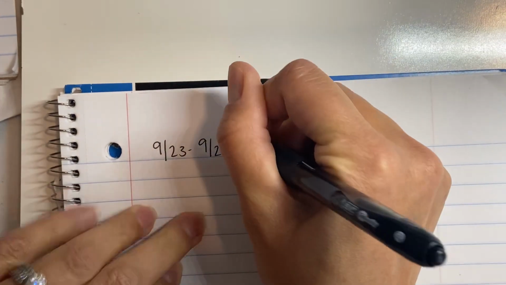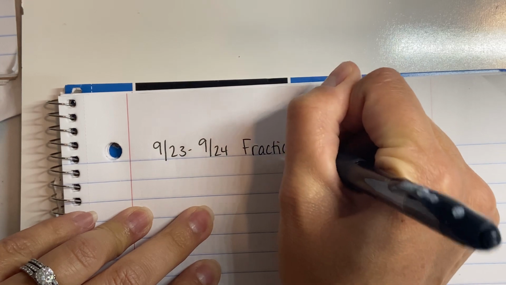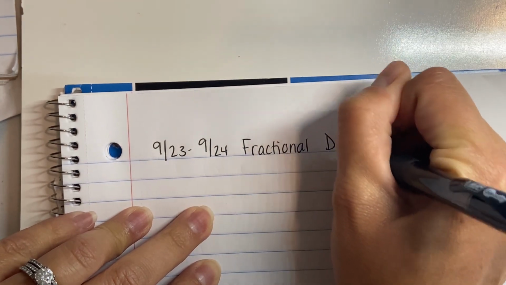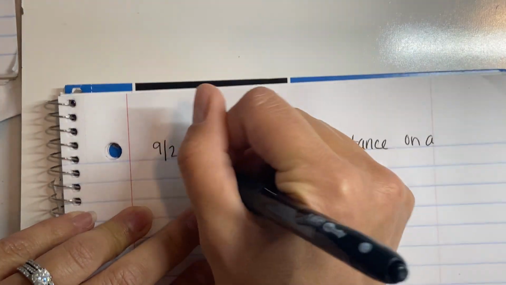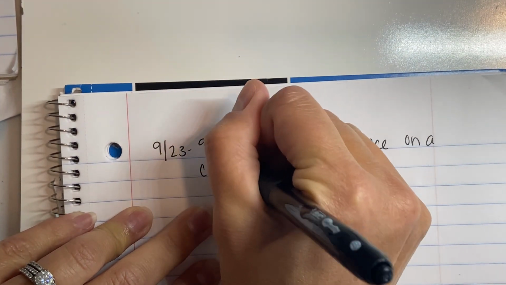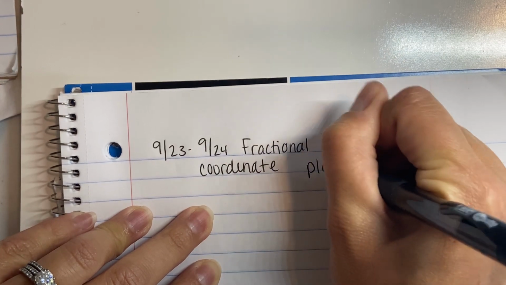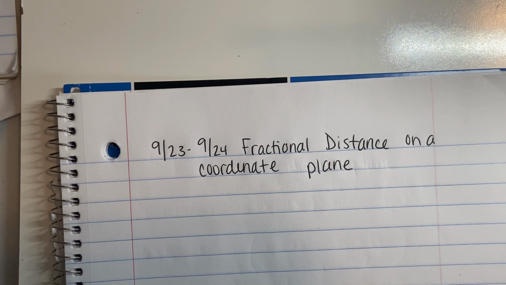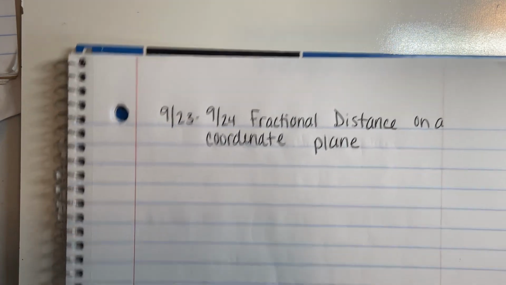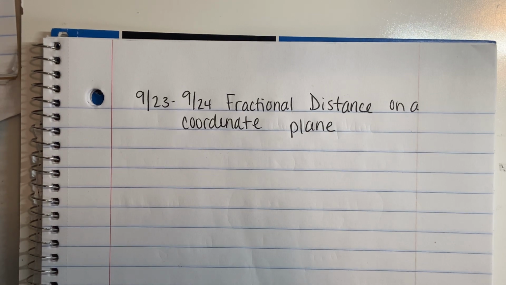And this is fractional distance on a coordinate plane. So just like the last time, I'm going to give you steps to help you get through this. And then we're going to write out the steps and then we'll do some example problems together.